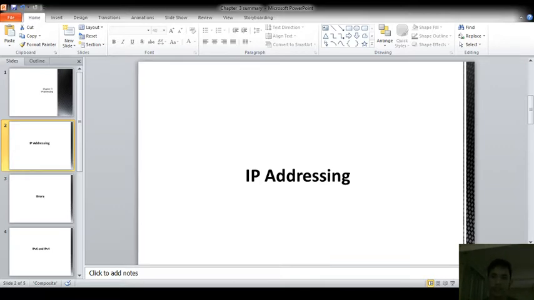IP addresses are hierarchical, with a network and subnetwork. An IP address can represent a complete network, a specific host, or the broadcast address of the network.